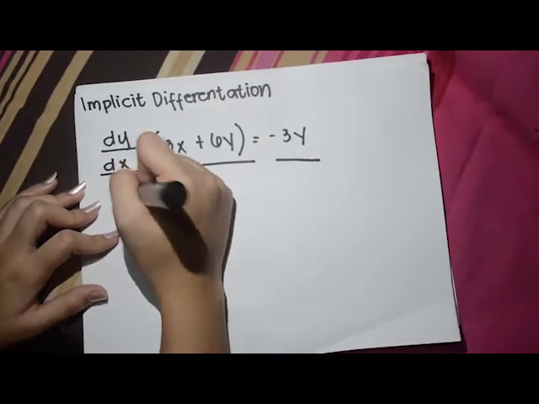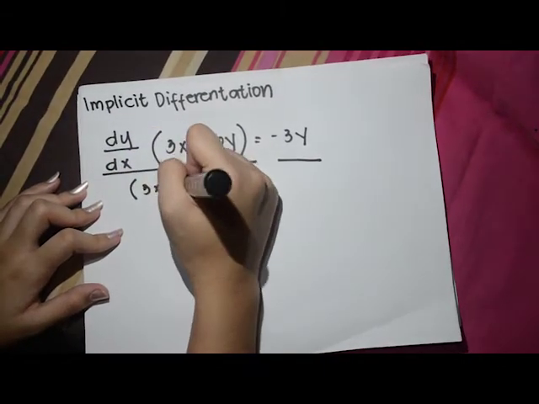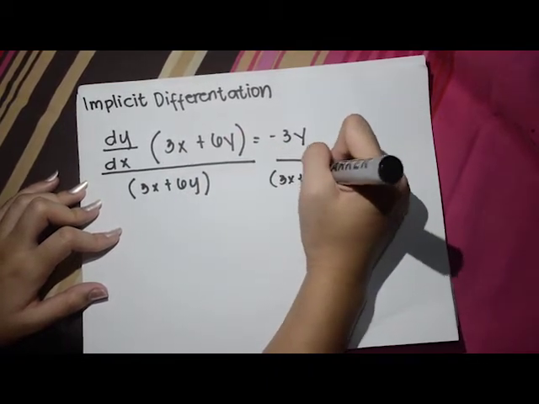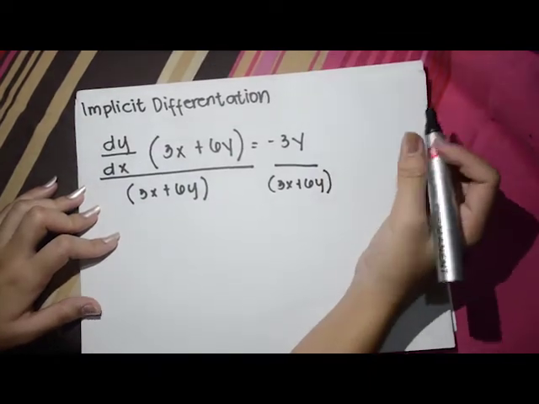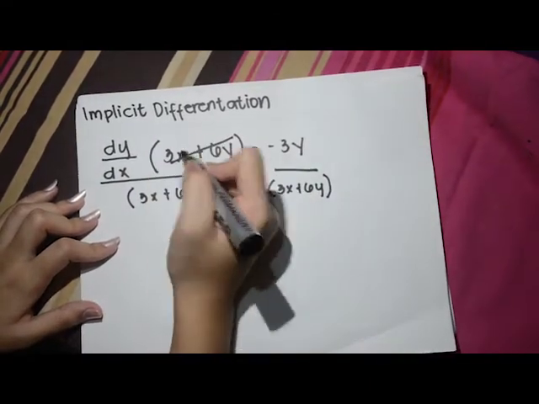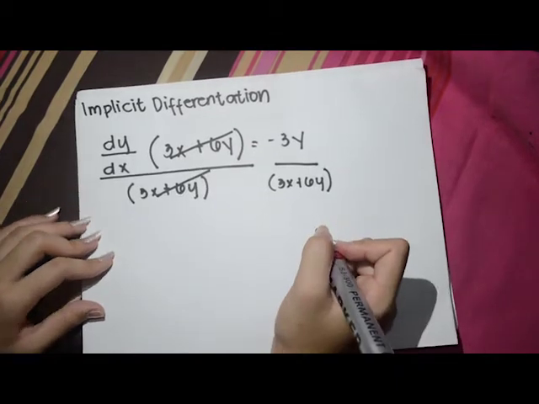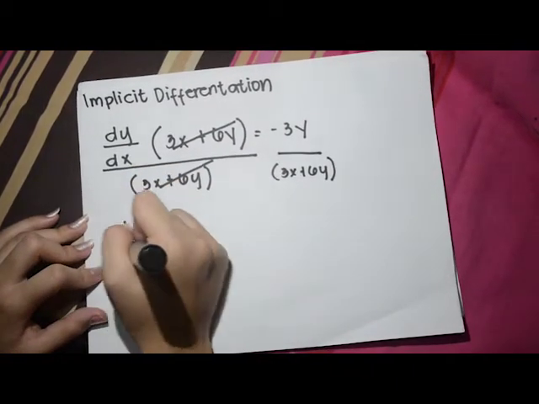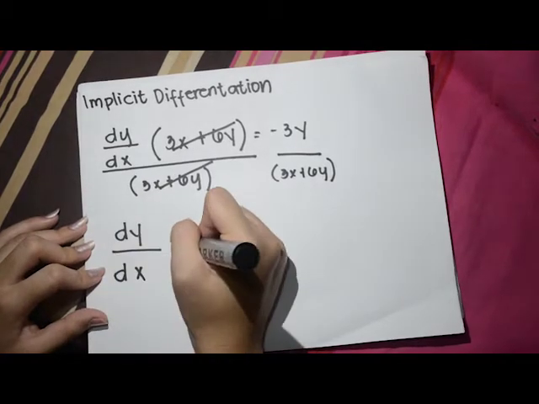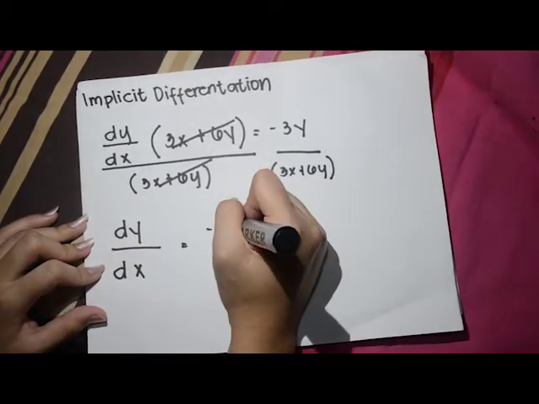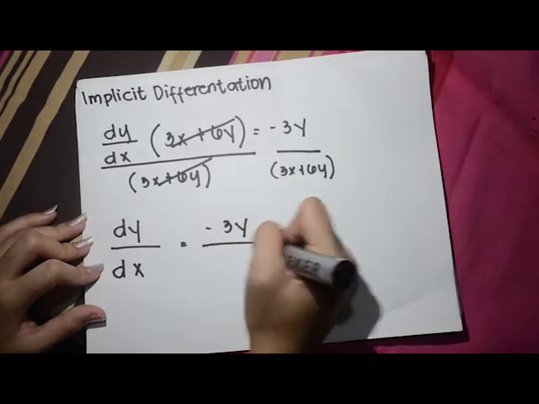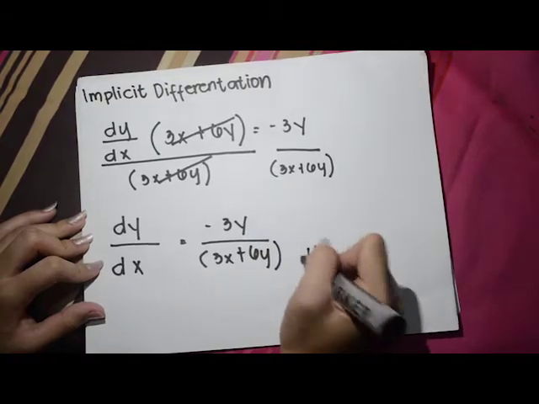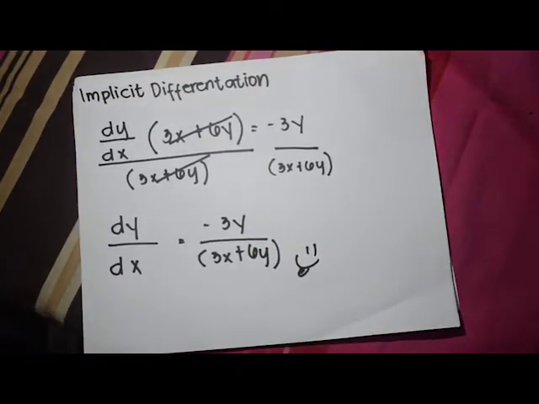Divide both sides by 3x plus 6y, which will give you the answer dy over dx is equal to negative 3y over 3x plus 6y.